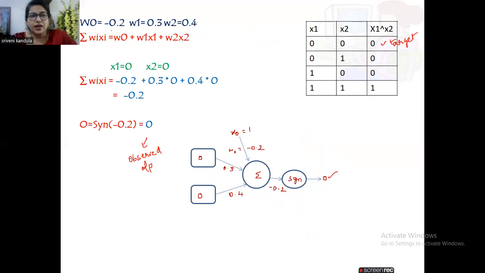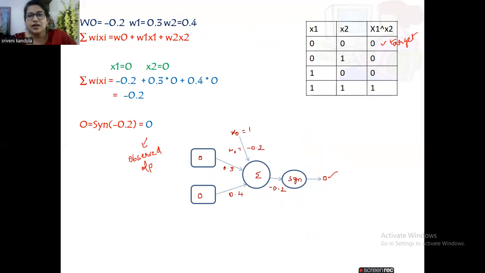Here I have taken W0 as minus 0.2, W1 as 0.3, and W2 as 0.4. If you compute the sum of Wixi, we get minus 0.2, and passing this through the activation function we get a value of 0.